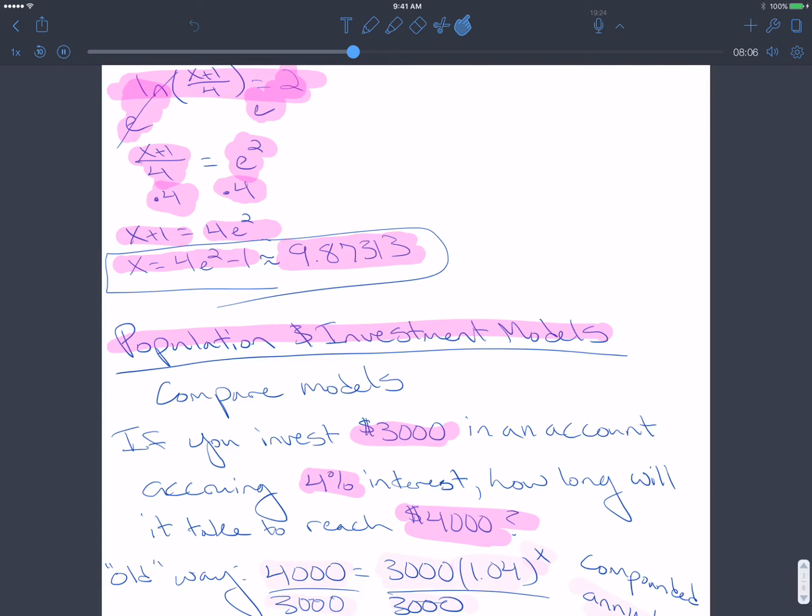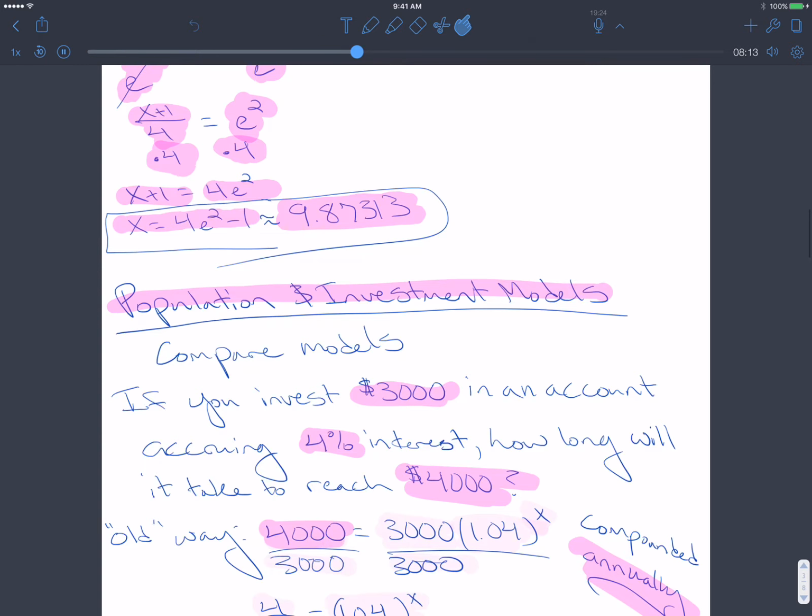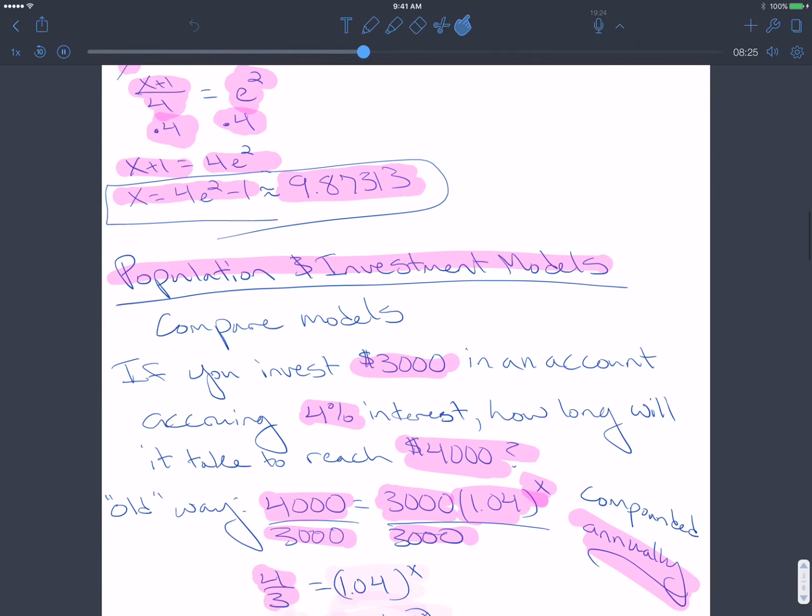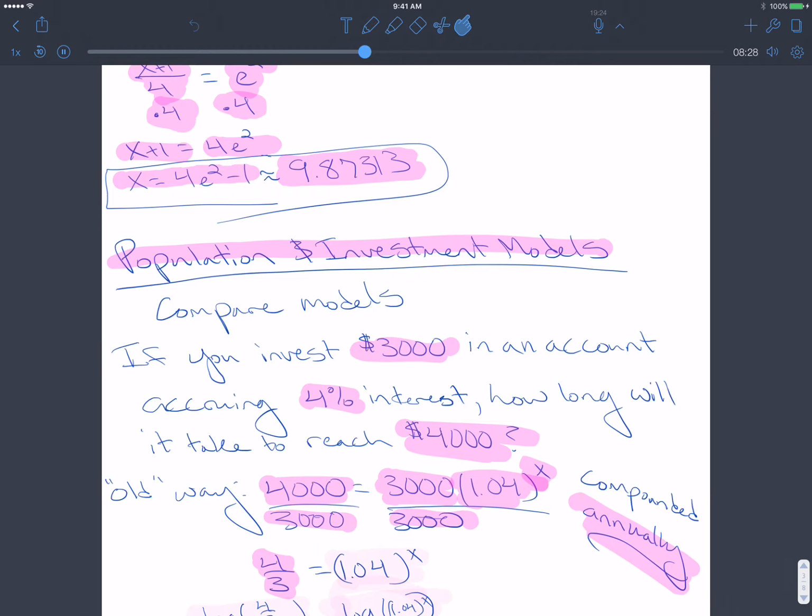The old way, if it's accruing 4% interest annually, so if we compare compounding it annually, then we have 4,000 is equal to 3,000 times 1.04 to the x. Okay? Divide both sides by 3,000 because we're solving for x. And you have 4/3, which I'm not writing as a decimal because the 0.33333 goes on forever. Now 1.04 to the x.